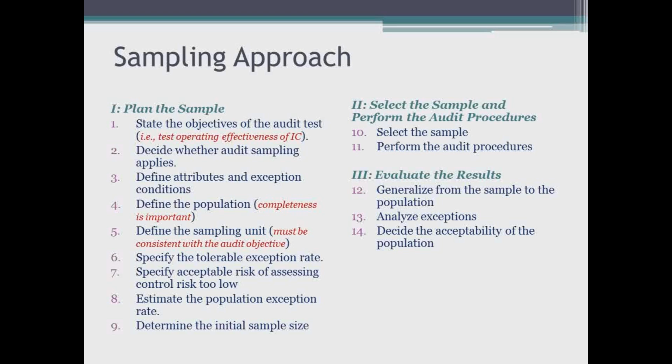So instead of that table that we saw, you would see high, medium, or low. But it's the same approach of considering the tolerable exception rate, acceptable risk of assessing control risk too low, and the exception rate, right? Estimated exception rate is what drives your sample size. And so that would be documenting the sample selection procedures.